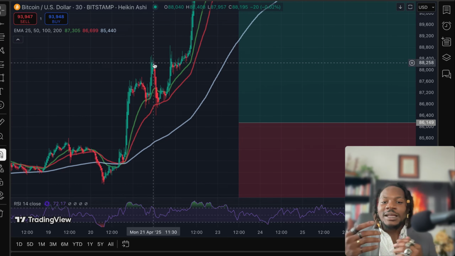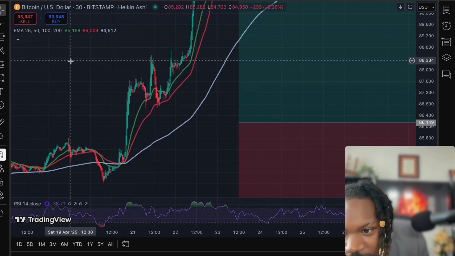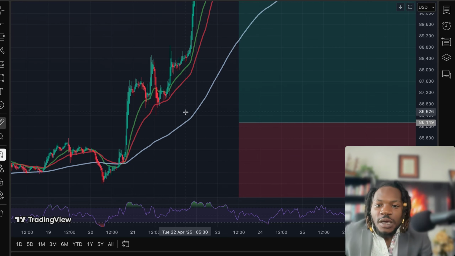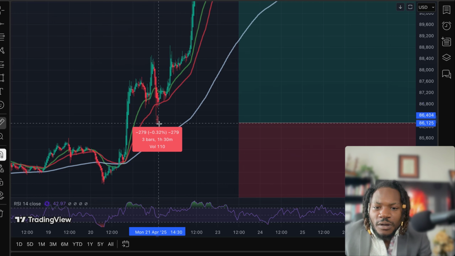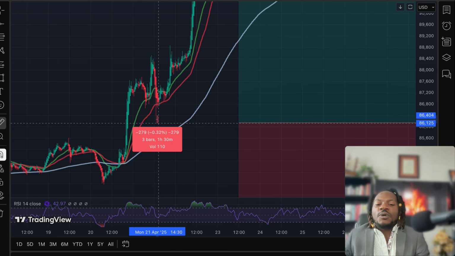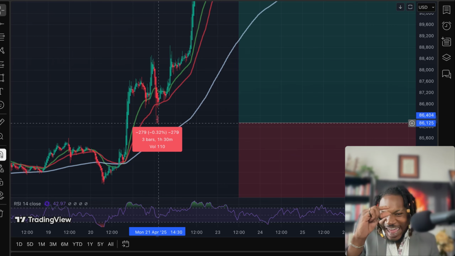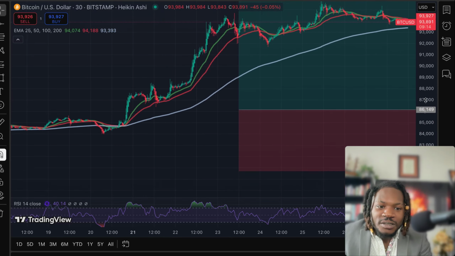I'm still thinking, like, nah, that's overextended, we'll get this entry. Let's see how far off we were. 279 points, just a hair off of being triggered in to such a beautiful trade.